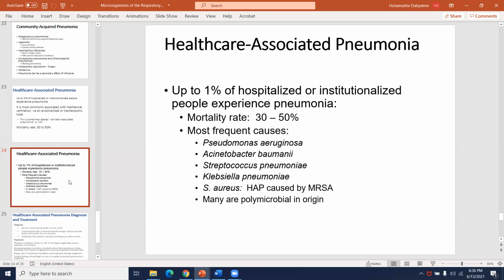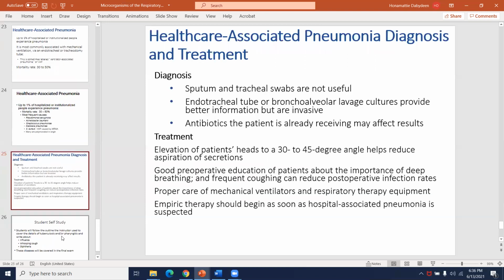And many times, patients will have pneumonia not due to just one organism, but multiple organisms, what they call polymicrobial pneumonia, many different organisms causing that pneumonia.